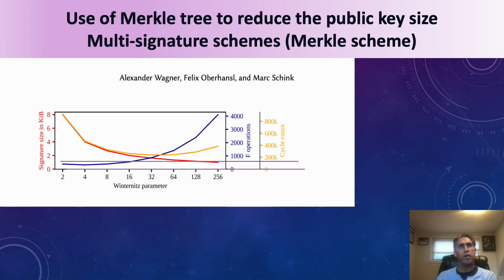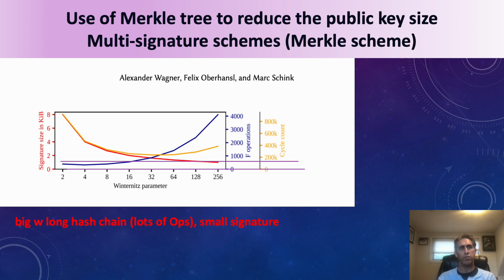There are papers around this that look at the parameters. This is an important thing: if you use a hash-based signature, you need to choose the parameter. In papers like this they calculate, depending on the size of the chunk, what happens to my signature size and what happens to the number of operations. You see there is some sweet spot around here. You can read that paper and see why there's a sweet spot there.